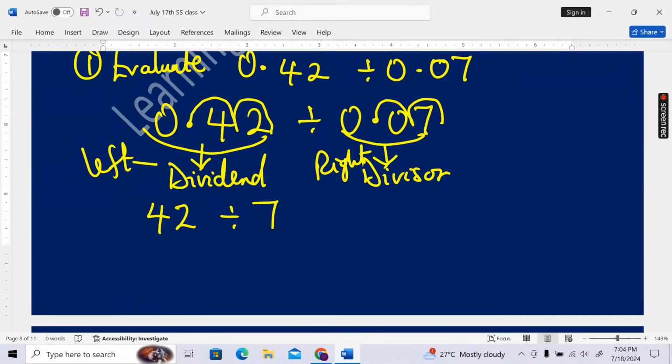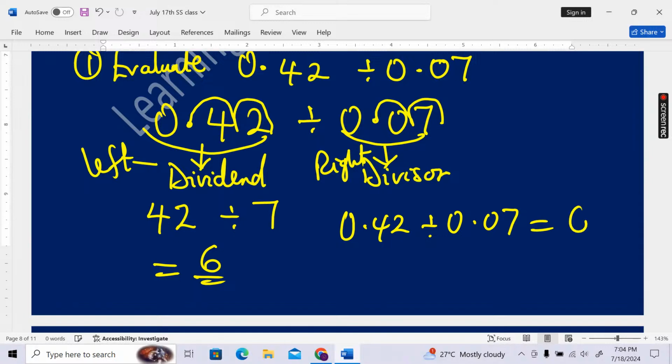I hope it is clear. So what is 42 divided by 7? 42 divided by 7 is 6. So it means 0.42 divided by 0.07 is equal to 6.